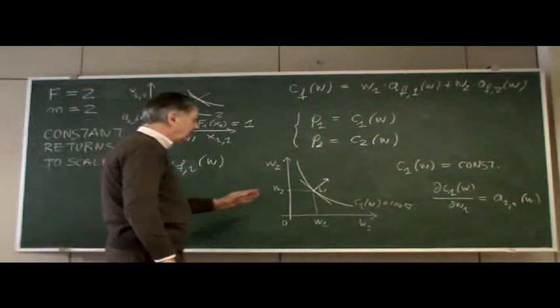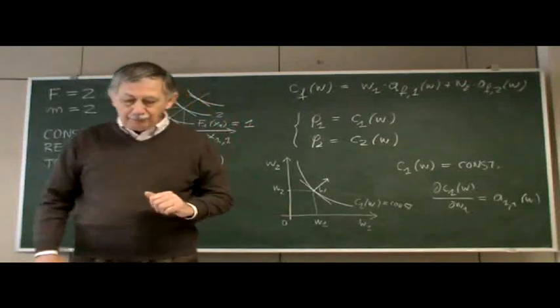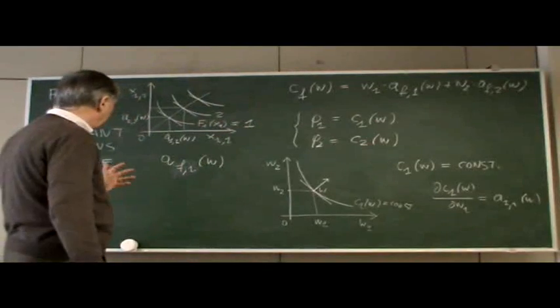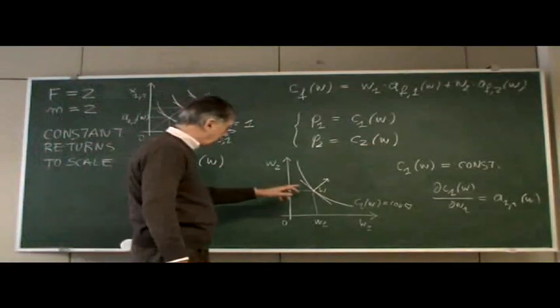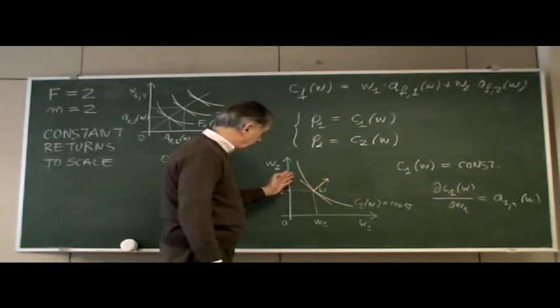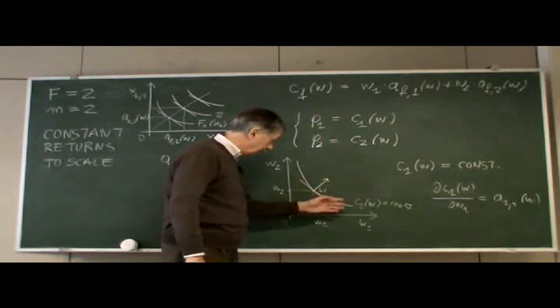So you can identify the optimal vector of employed factors simply by observing the slope of this arrow, which is orthogonal to this tangent.